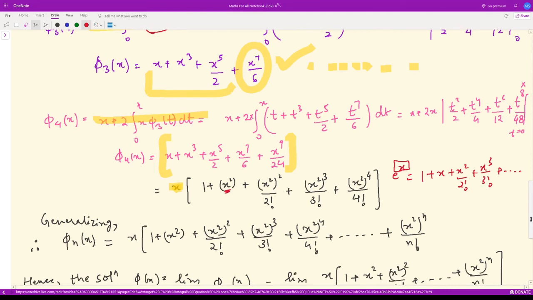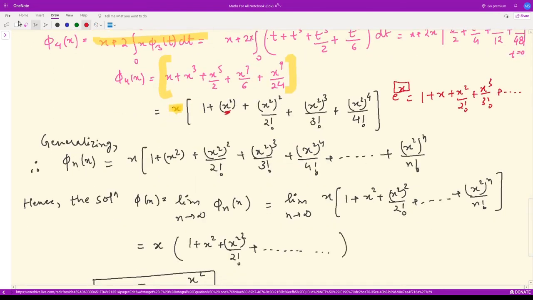So you might have guessed until now what our phi nx would be. Phi nx would be a series of this same sort, x common, 1 plus x square plus x square whole square divided by 2 factorial, up to x square raised to power n divided by n factorial, right?